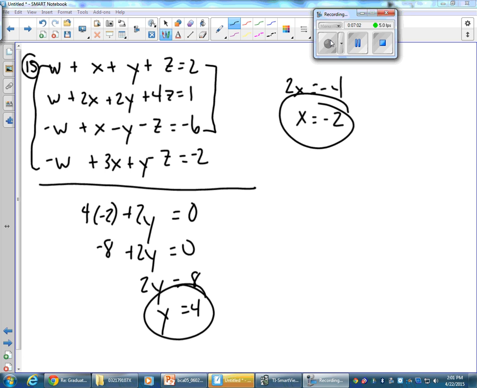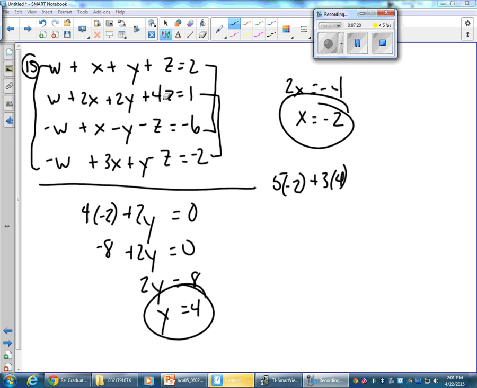All right, now let's add the second line and the fourth line together and see if we can figure out another variable. Second line and the fourth line, just like they're written. W and -w would cancel. And then I'd add 2x and 3x, so that's 5x, but I know what x is. It's -2. So 5 times -2, 2y plus y would make 3y, but I know what y is. It's 4, so 3 times 4.